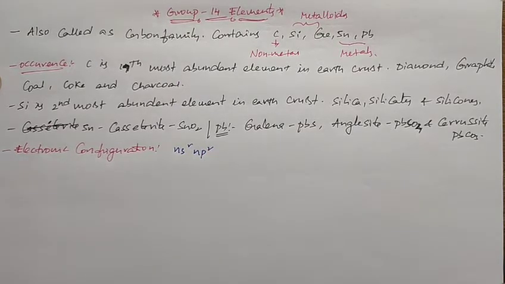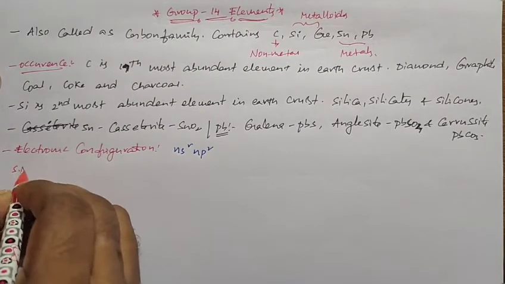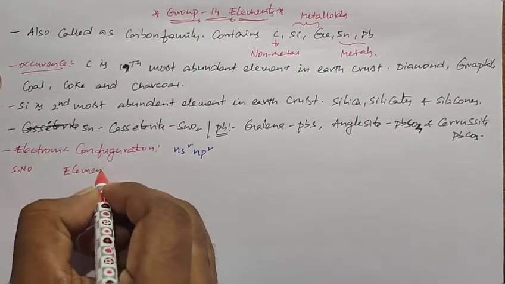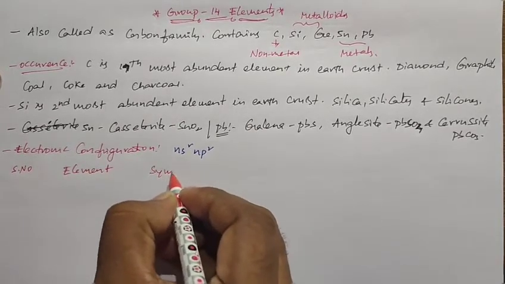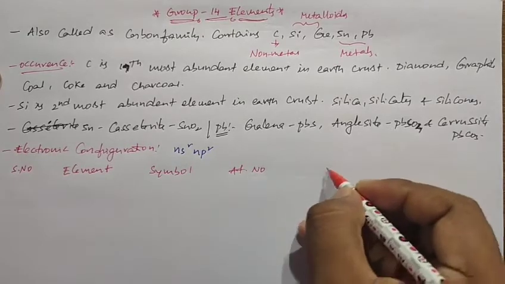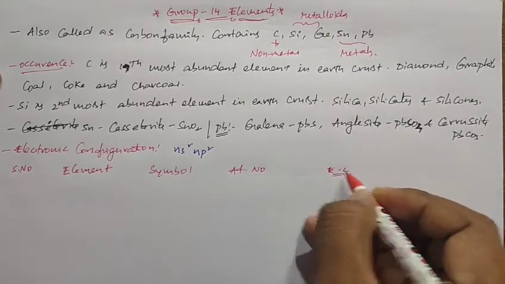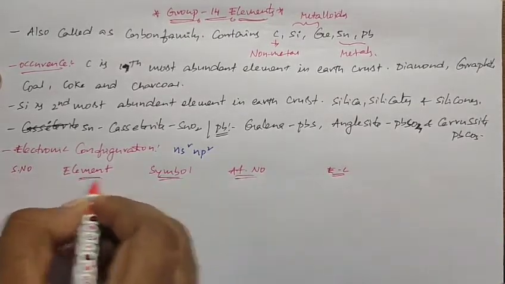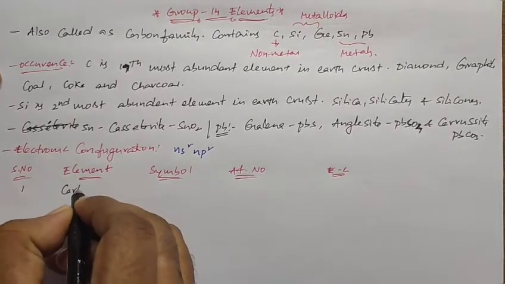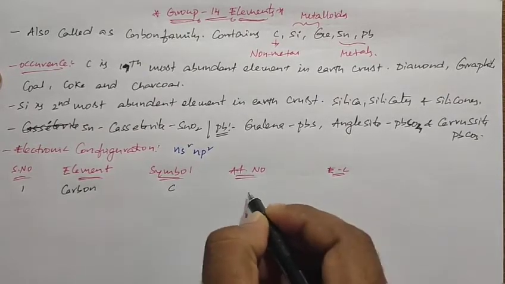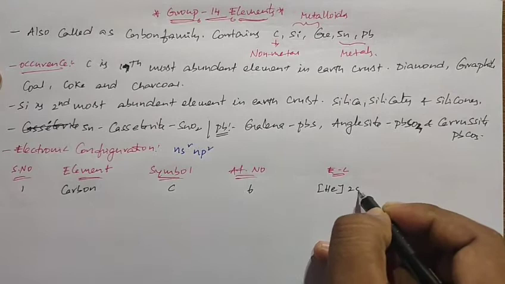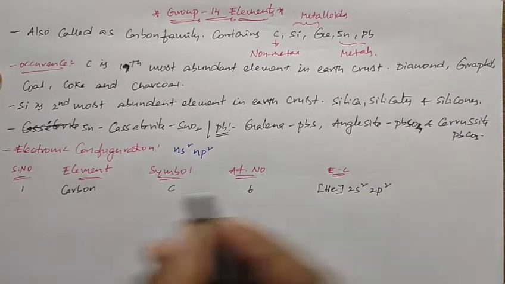Now we discuss the electronic configuration of group 14 elements. First element is carbon, represented by capital C. Its atomic number is 6 and its electronic configuration is helium 2s2 2p2.